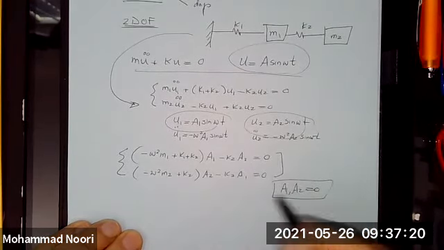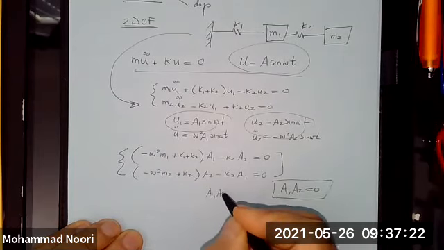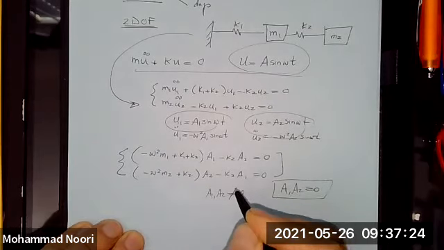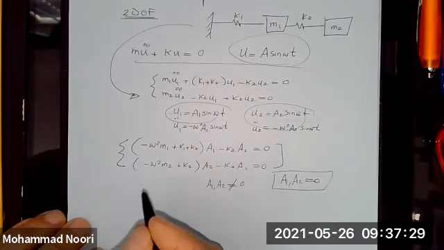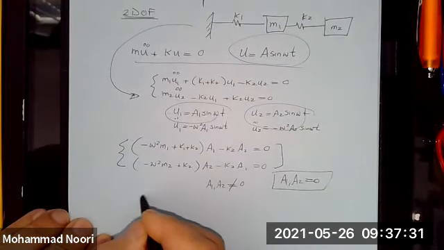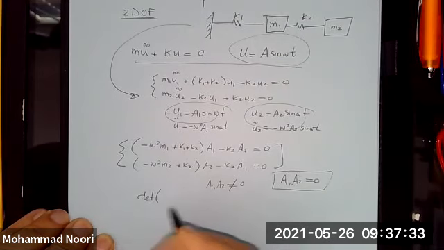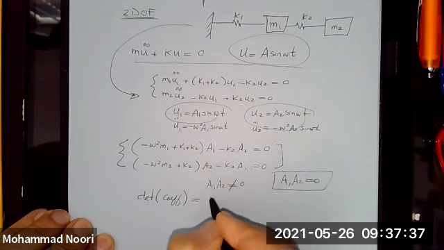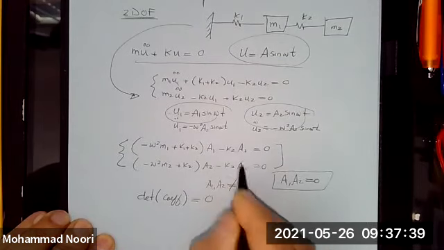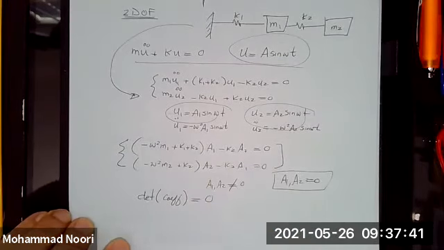But in order to have non-trivial solutions, use Cramer's rule, which told you eventually that the determinant of the coefficients of the unknowns has to be 0. Unknowns being A1 and A2.